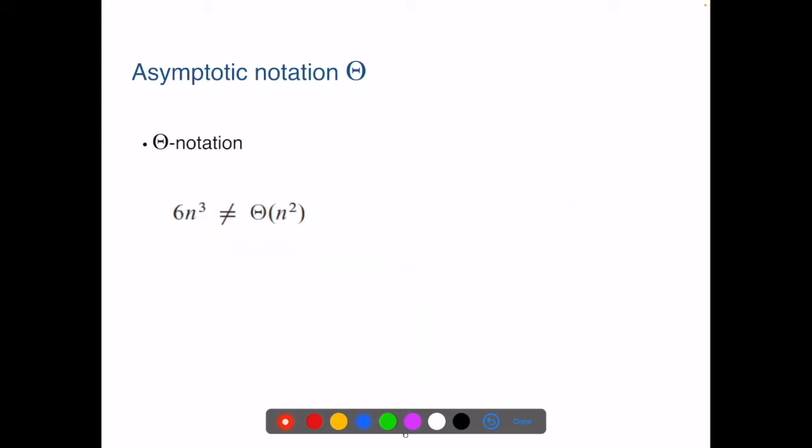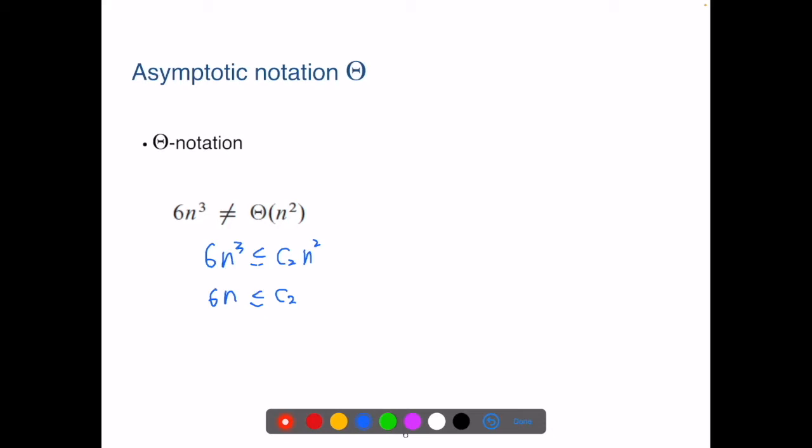In the second example, we want to prove that 6n cubed is not in theta n squared. So if we assume that 6n cubed is in theta n squared, then we need to find a C2 that will satisfy this relation. So we can divide both terms by n squared, and then we can have this.